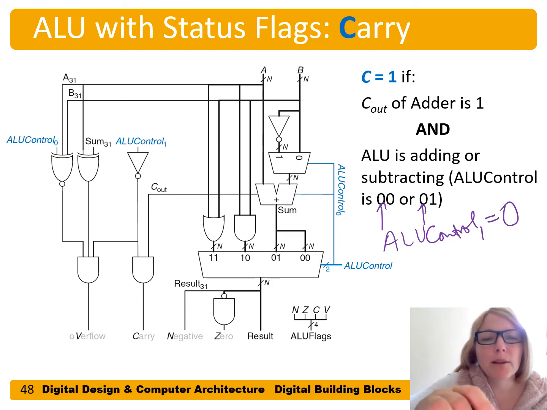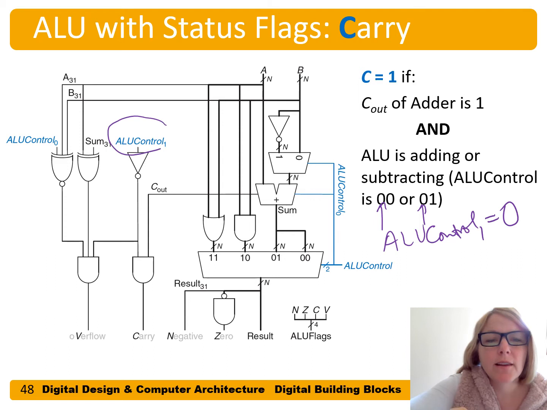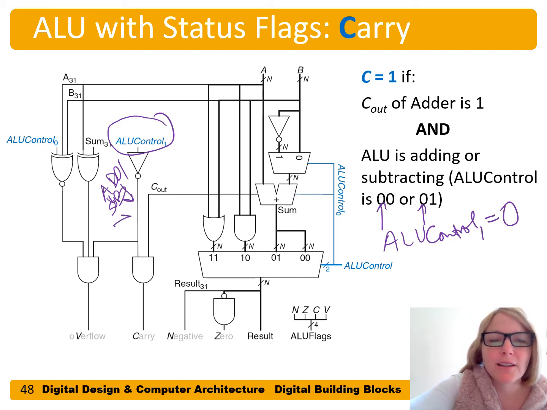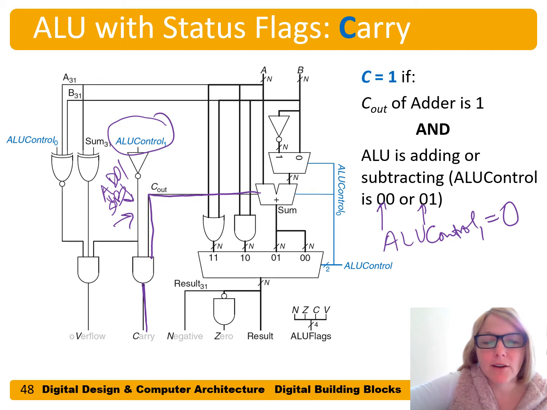And so we put ALU control bit 1 into an inverter. This tells us, hey, it's adding or subtracting. And now I care about what the carry out is. So if it's adding or subtracting and carry out is 1, we want to output this carry flag and make that carry flag 1.